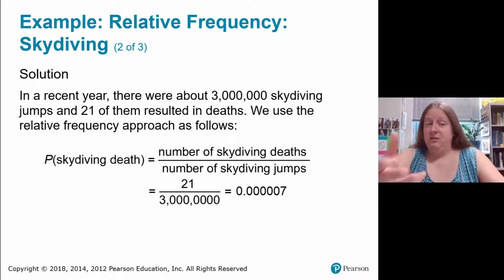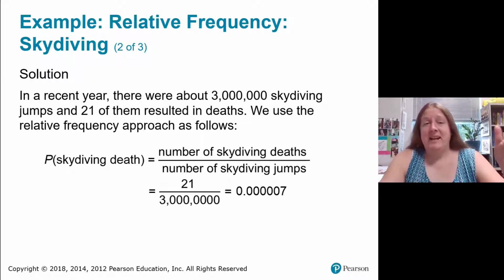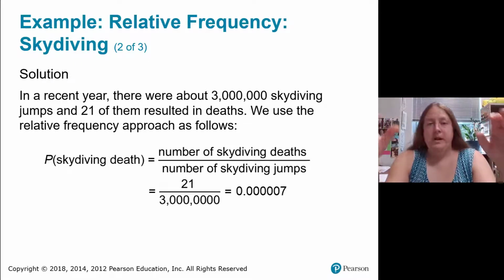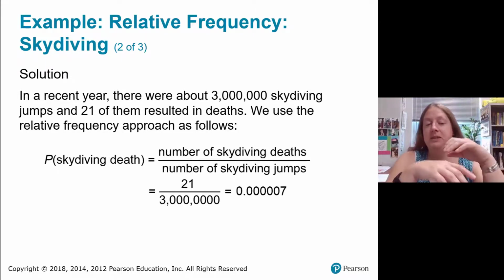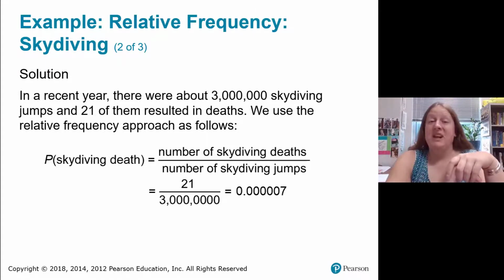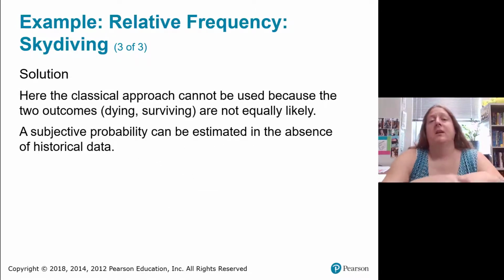In a recent year, there were 3 million skydiving jumps and 21 of them resulted in death. So we take the 21 deaths and we divide by the 3 million total jumps that happened, and we get a probability of dying when skydiving of 0.000007.